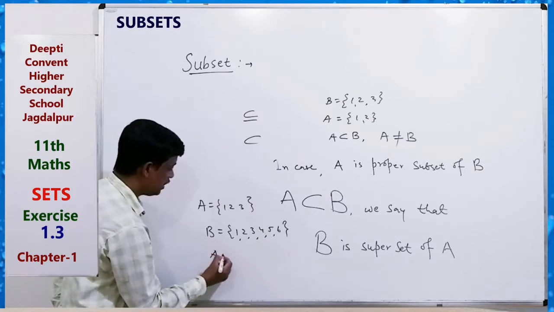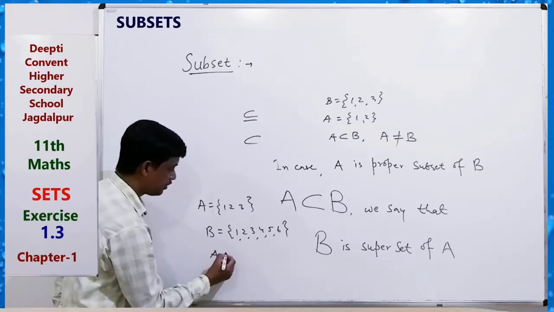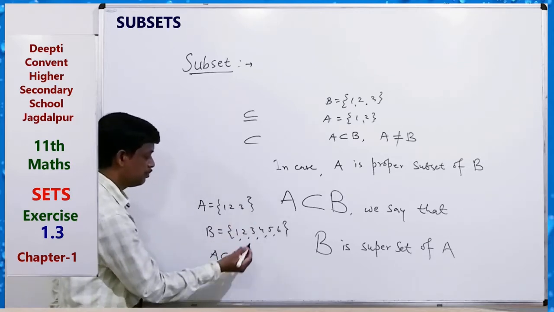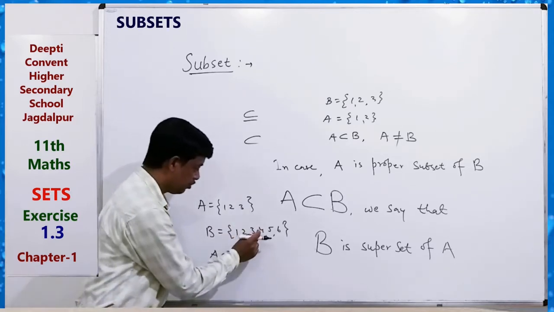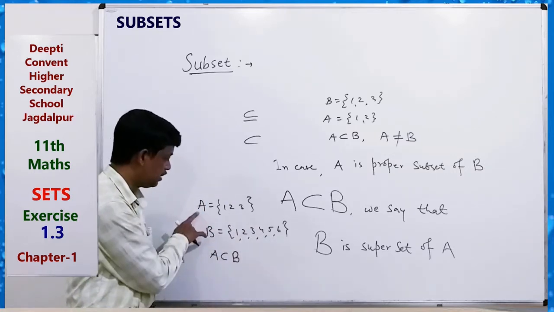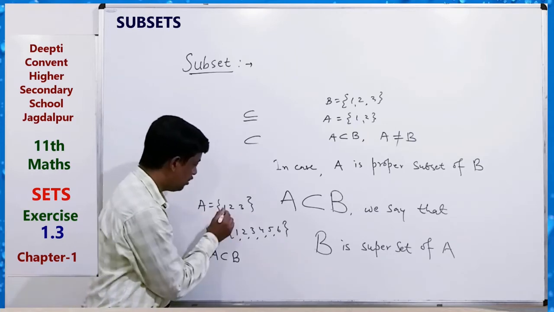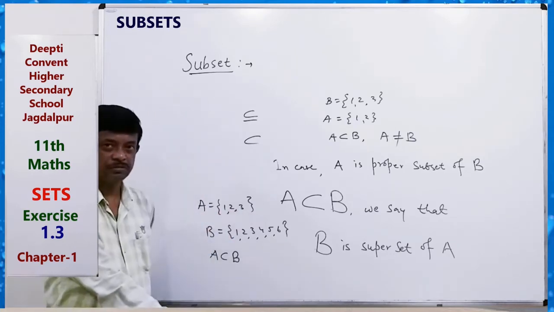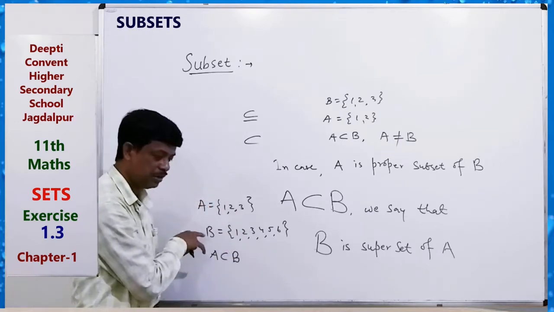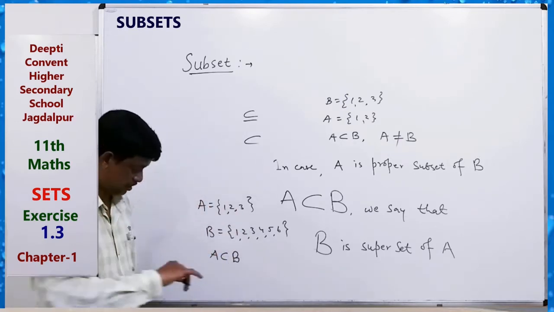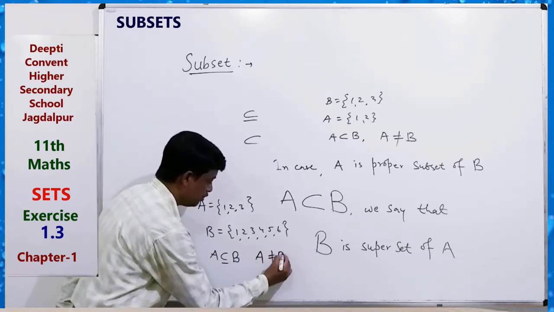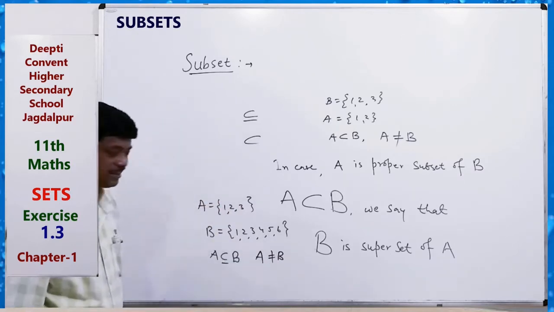Then we see that A is proper subset of B, because element 4 belongs to B but does not belong to A. Here all elements of A belong to the set B. So 1, 2, 3 belongs to A and 1, 2, 3 belongs to B. So A is subset of B, but A is not equal to B, because their elements are not exactly same.